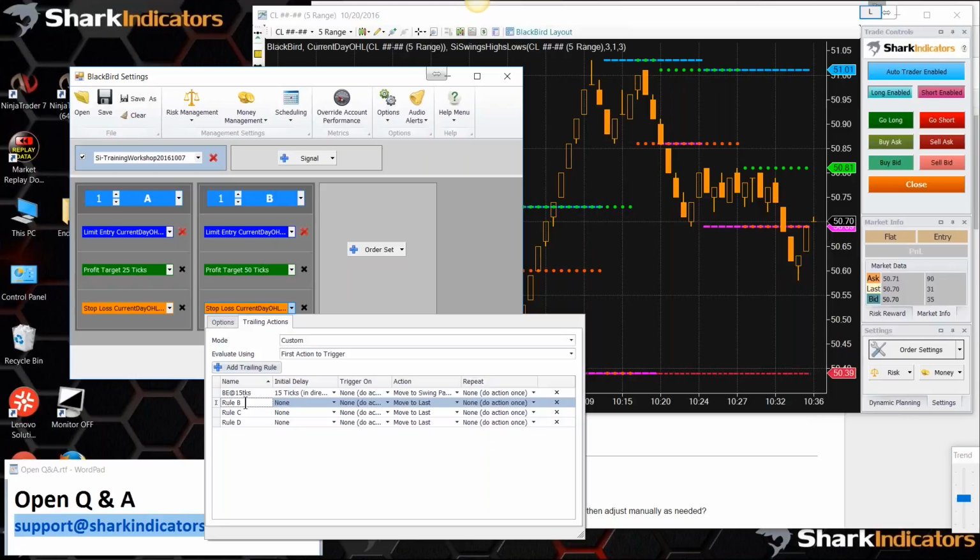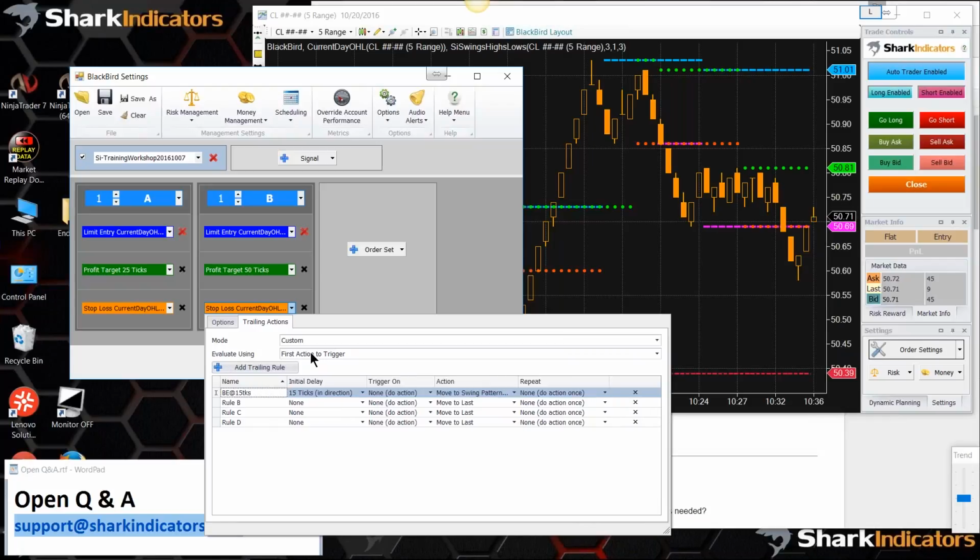The point I'm trying to make is that if you have rule B, C, and D, and rule B fires off and is trying to execute, rule B can execute as long as the first rule isn't trying to execute, right?